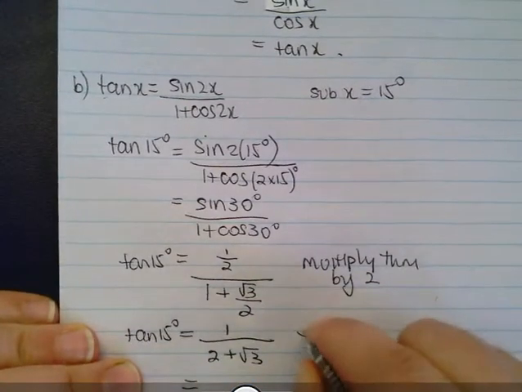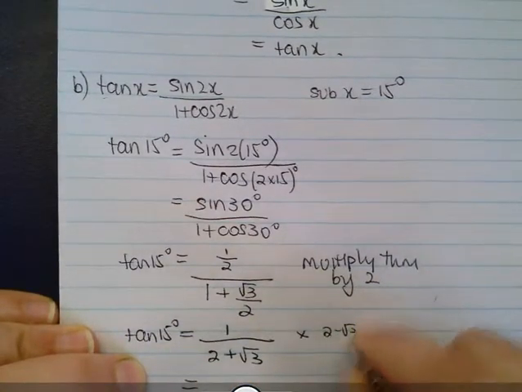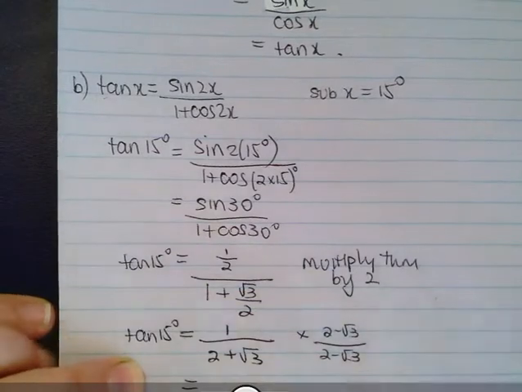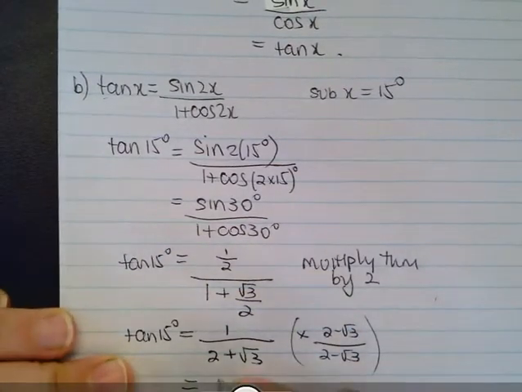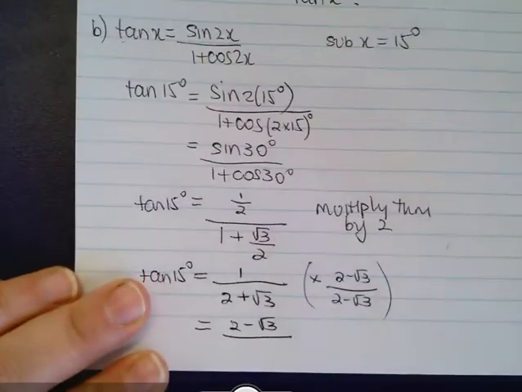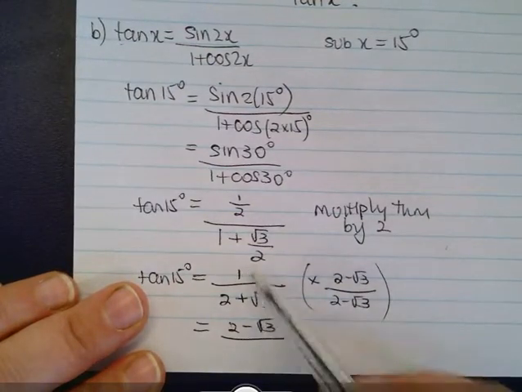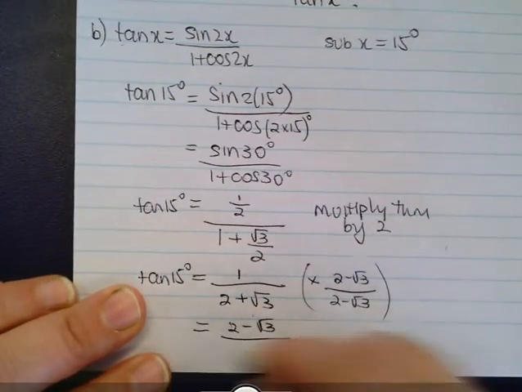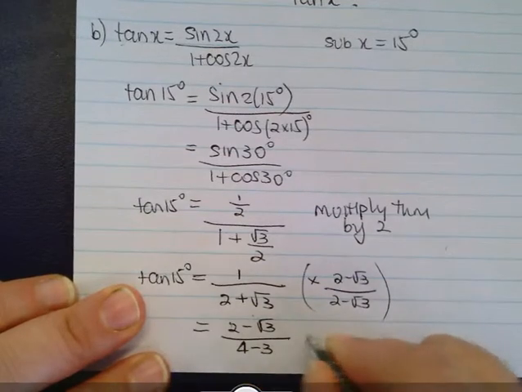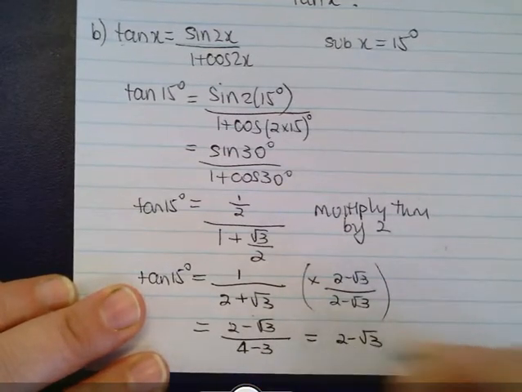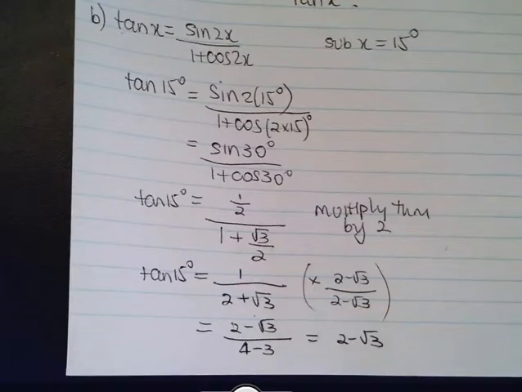So I'm going to times that by 2 minus root 3 over 2 minus root 3. And so I get 2 minus root 3 over what? Over a plus b, a minus b is a squared minus b squared. So I'm rationalising now. Over 4 minus 3, which is just 1. So tan of 15 is 2 minus root 3.